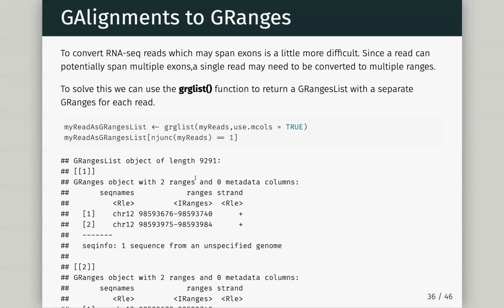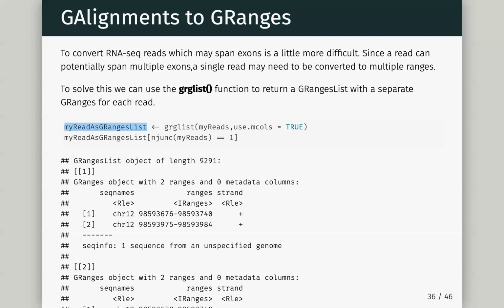This is because a read potentially spans multiple exons. When we convert a read which spans multiple locations on the genome, we have to create a list of GRanges for every read, and that's what the grglist function does. We just give it our reads, and it returns a GRangesList, where every element contains the alignment for a read.